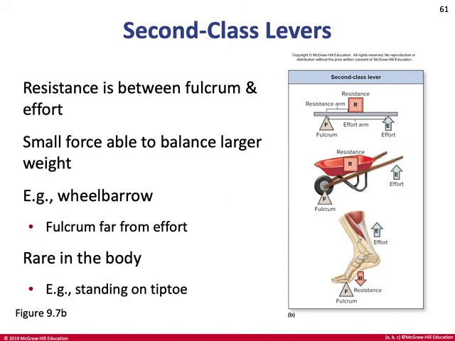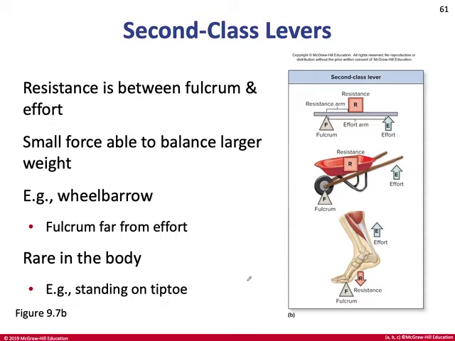So you can see here with a second class lever, a small force can balance a big weight. In the second class lever, the fulcrum is a long way from the effort, and that means that you've got a huge mechanical advantage. You have this, for instance, in a wheelbarrow. You can see the diagram here.